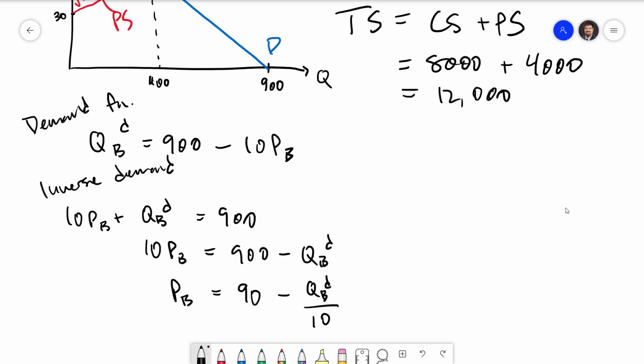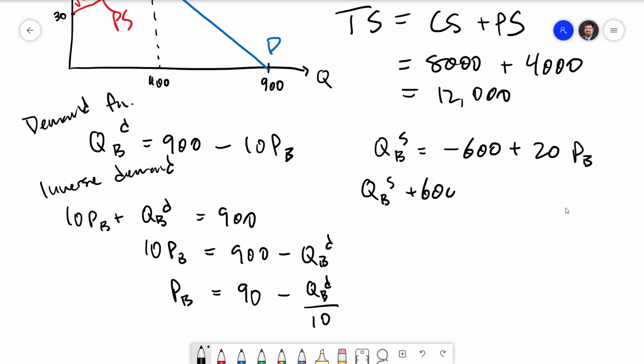To do this with our supply function, QBS equals negative 600 plus 20 PB. To get the inverse supply, I will add 600 to both sides, so we get QBS plus 600 equals 20 PB. Divide both sides by 20.